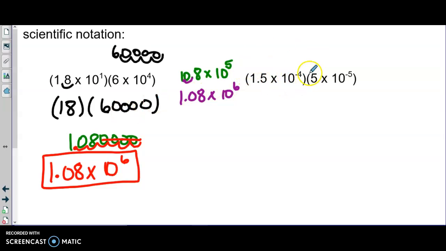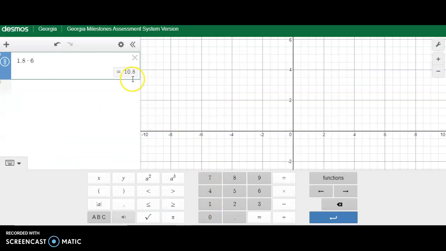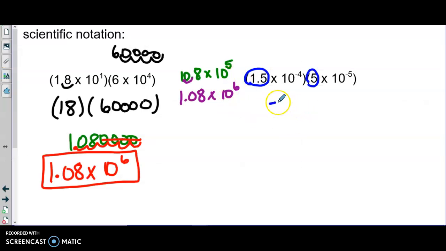I think I'm going to try to solve this one with the shortcut method. So I'm going to multiply my number times my number. So 1.5 times 5 is 7.5. And then when I'm multiplying 10 to the negative 4th times 10 to the negative 5th, the base stays the same and we add the exponents.